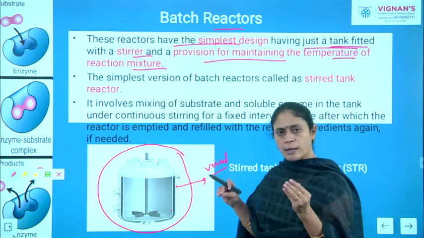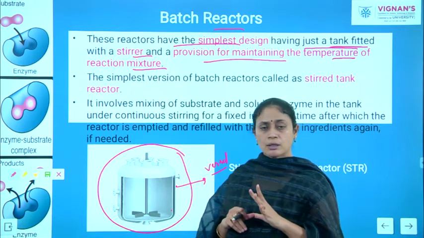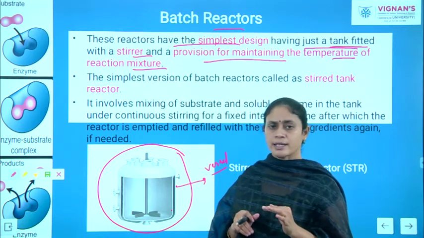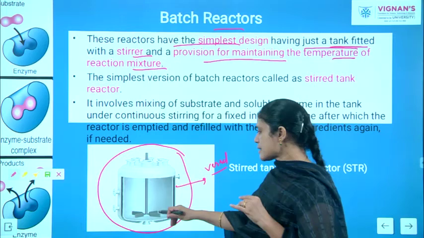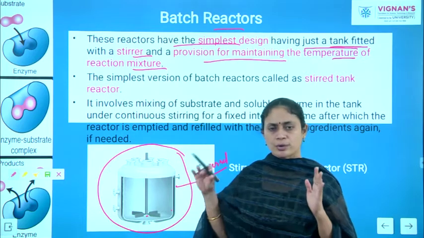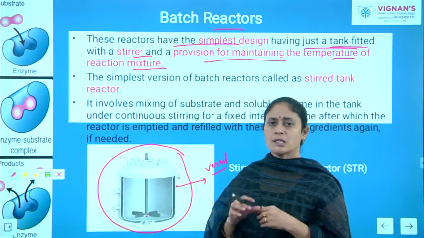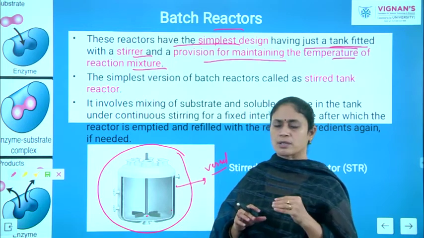So, a batch reactor is a very simplified form of reactor, with facilities like a stirrer, along with a jacket through which you can supply hot water or steam to maintain proper temperature for your reaction mixture.